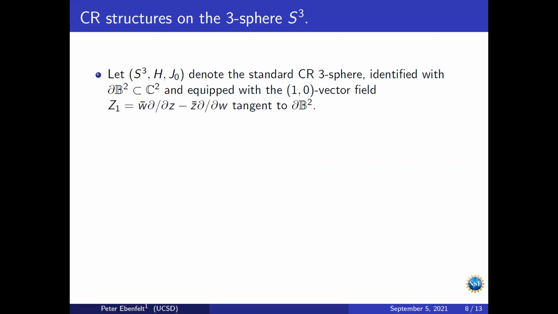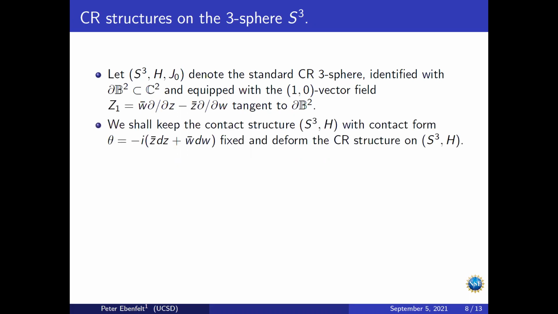That defines the CR structure, but you can also just think of it as the CR structure it gets by just taking a 1,0 vector field, even a global 1,0 vector field in this case, and saying that it spans the 1,0 tangent bundle. Now we're going to keep the contact structure on the 3-sphere fixed and just deform the CR structure within this contact structure.